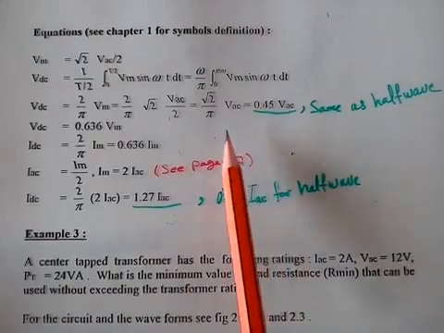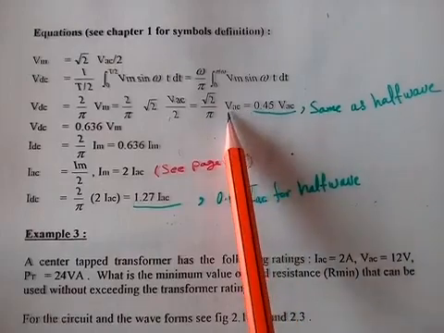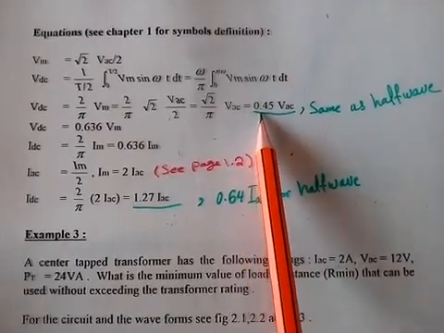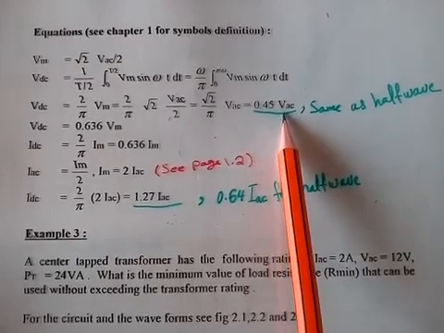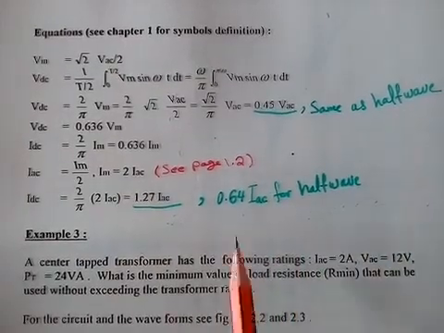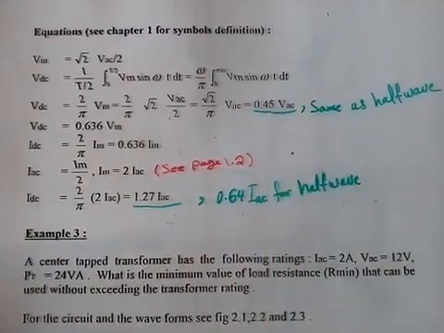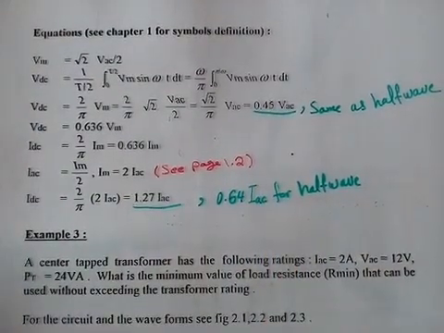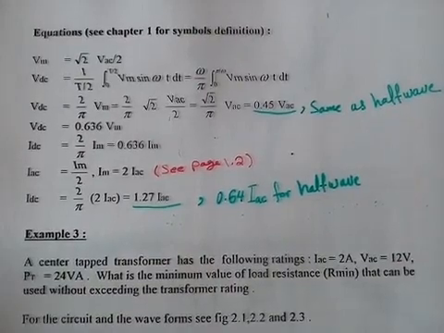And when I relate it to the VAC of the transformer, that equals 0.45 of VAC. So a little bit less than half of what's written on the transformer. That's what your meter should read when you put it on DC, across the load, of course.